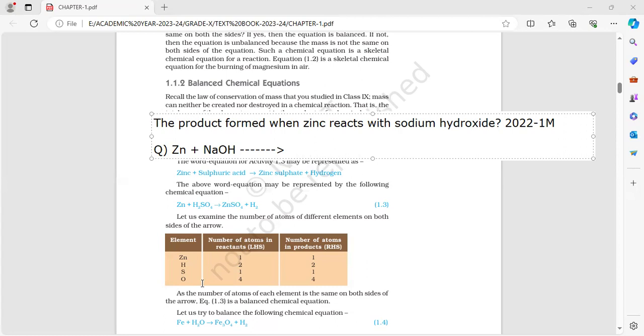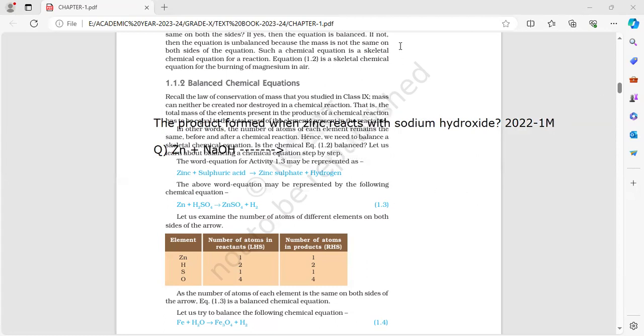When zinc reacts with sodium hydroxide, I'm writing the equation here.